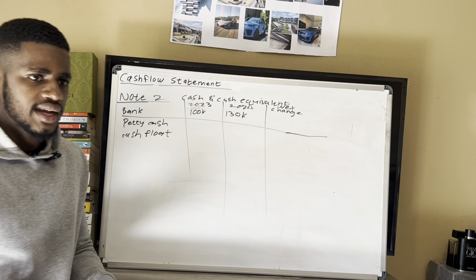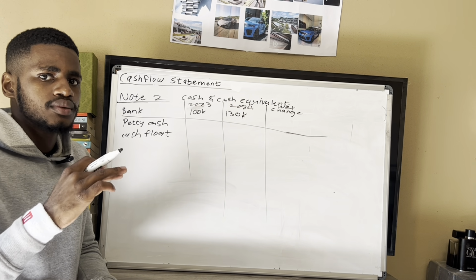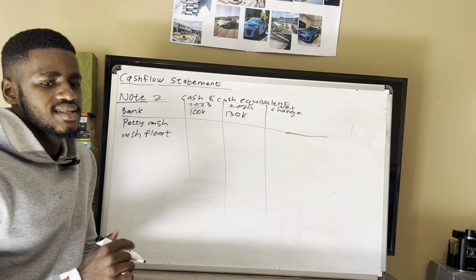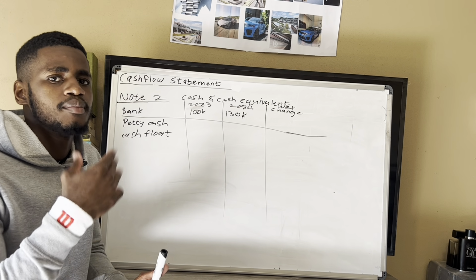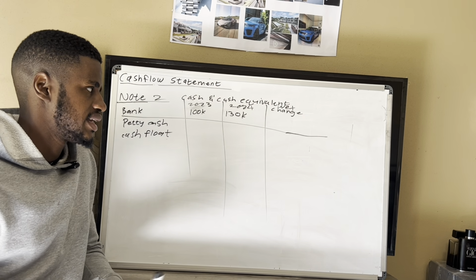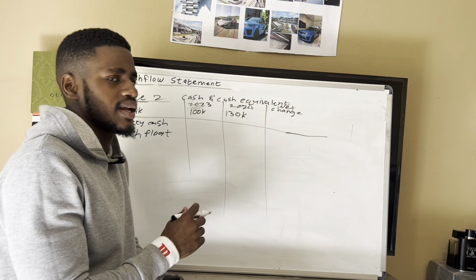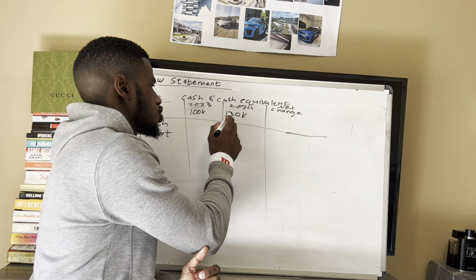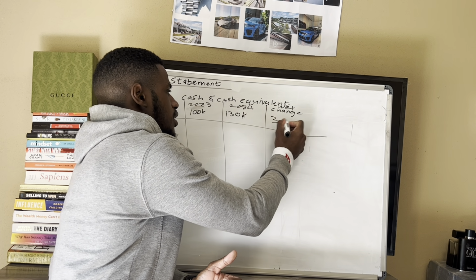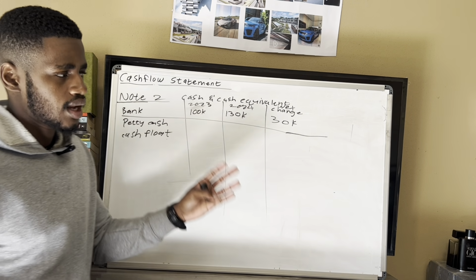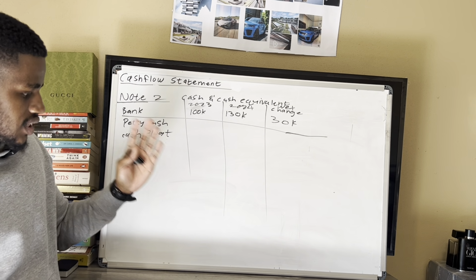What happened to our bank account? Our bank account increased. What does that mean? Did money come in towards the business or did money come out? Obviously, money came in. How much money came in? 30,000, which is 130,000 minus 100,000, which means that this year we put in 30,000. That is our net change.